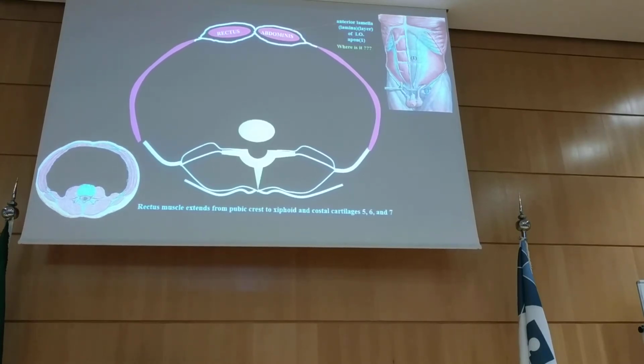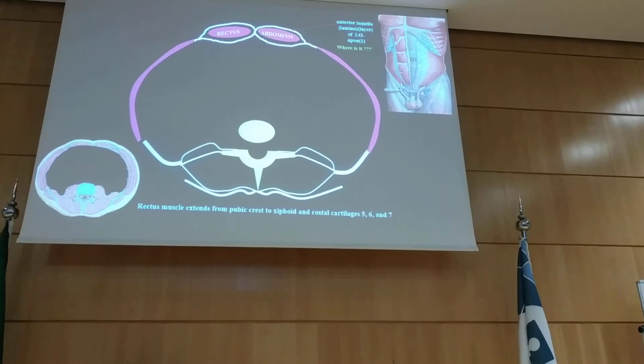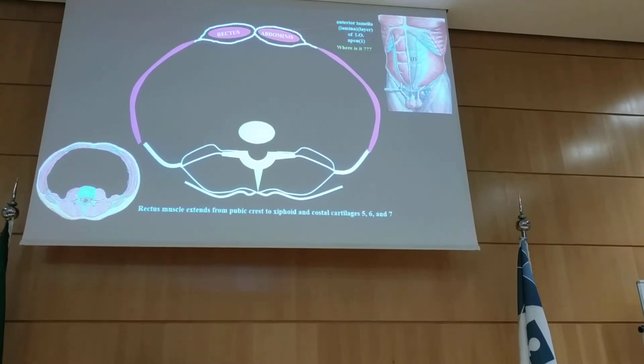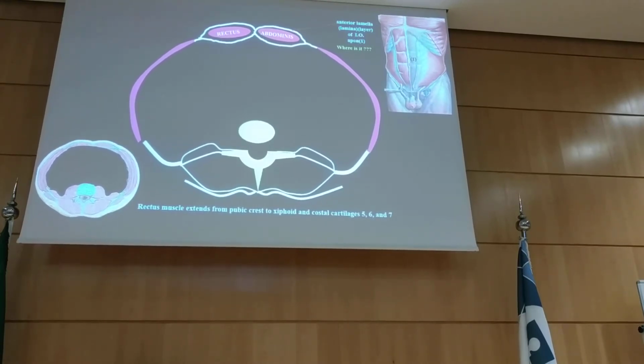Nobody will teach you how to do this, although it is one of the functions of any doctor, any surgeon, any student. Look how to read a diagram. This is rectus. Where is the lamella? We removed it, but on the other side it is there.